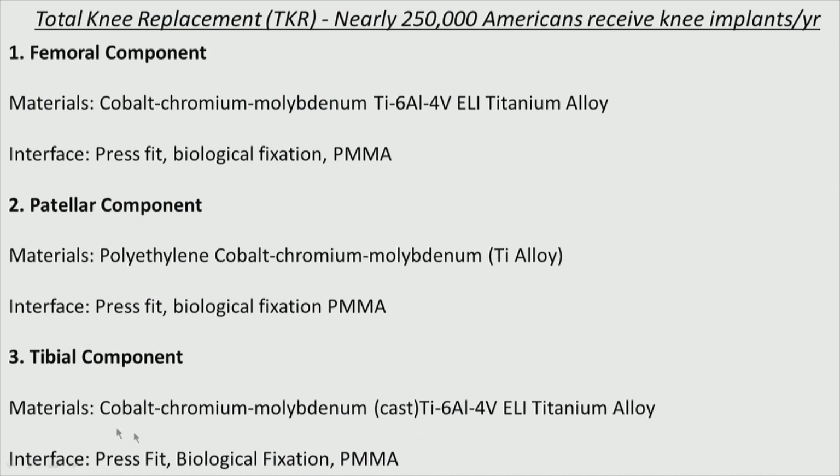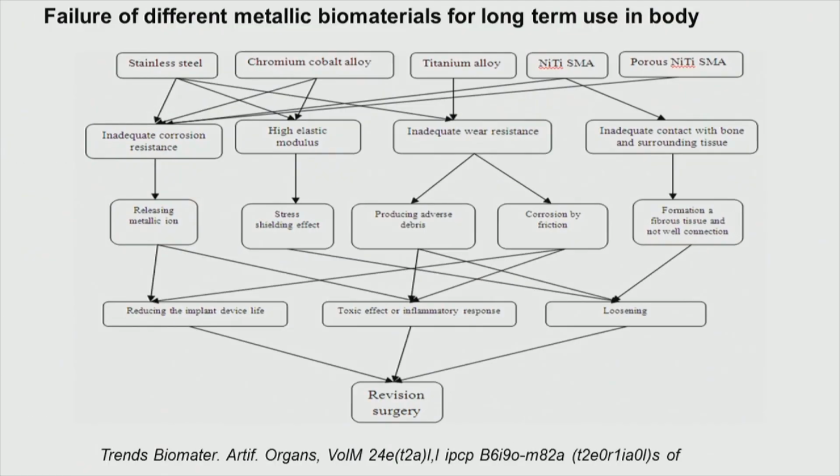Okay. So, this is how the total knee replacement biomaterials are used, and predominantly you can see cobalt, chromium, molybdenum, and PMMA is used as a fixative on both sides, on both the bones, and you have the knee coming in between. Okay, so it looks very complicated.